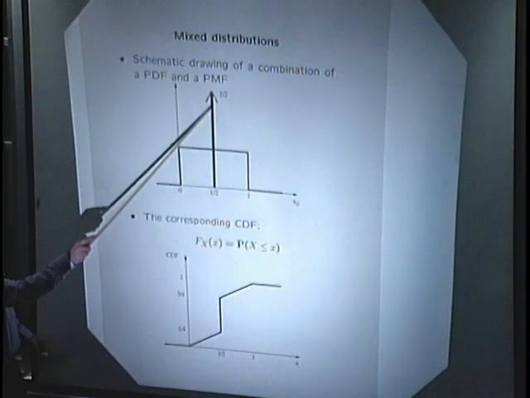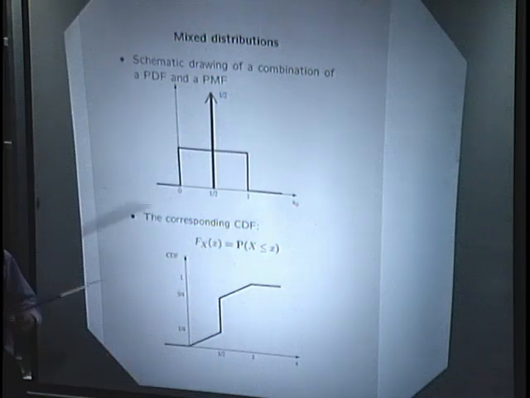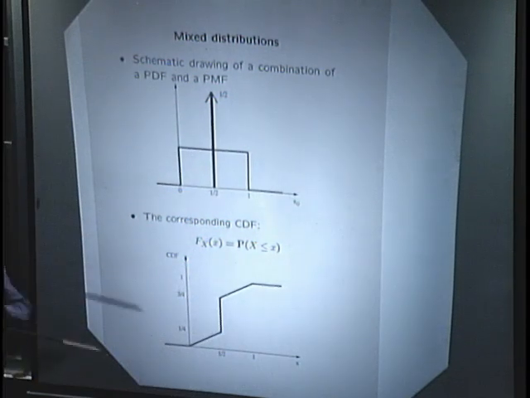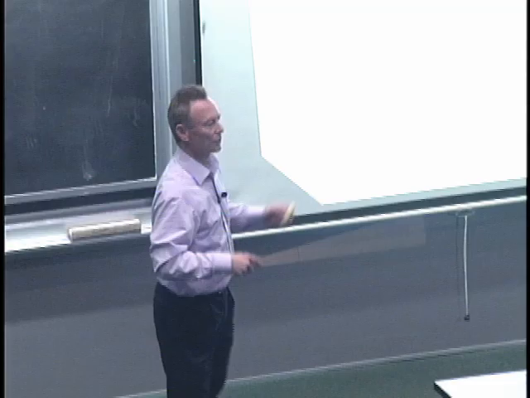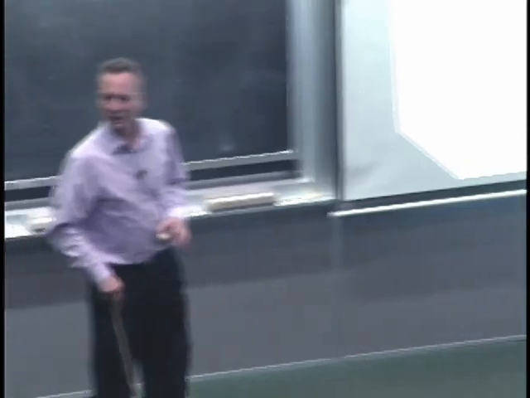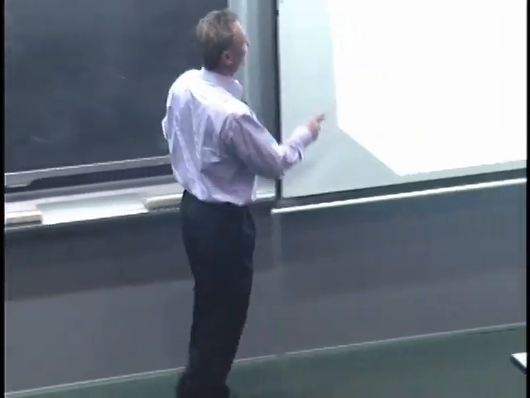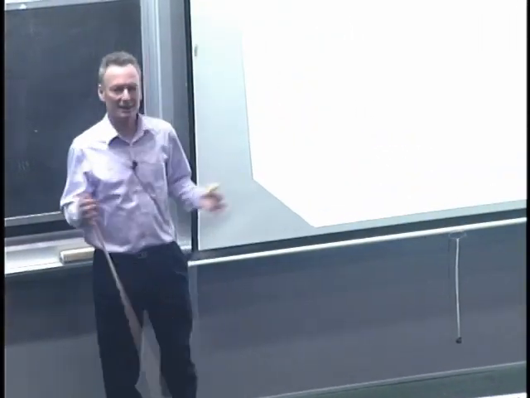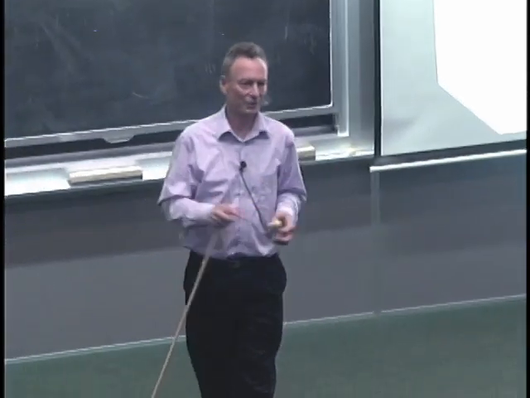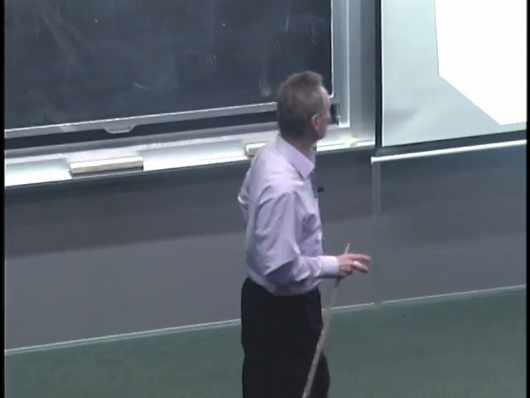So this is like a piece that comes from mass functions, and that's a piece that looks more like a density function. And we just throw them together in the picture. I'm not trying to associate any formal meaning with this picture. It's just a schematic of how probabilities are distributed, to help us visualize what's going on.